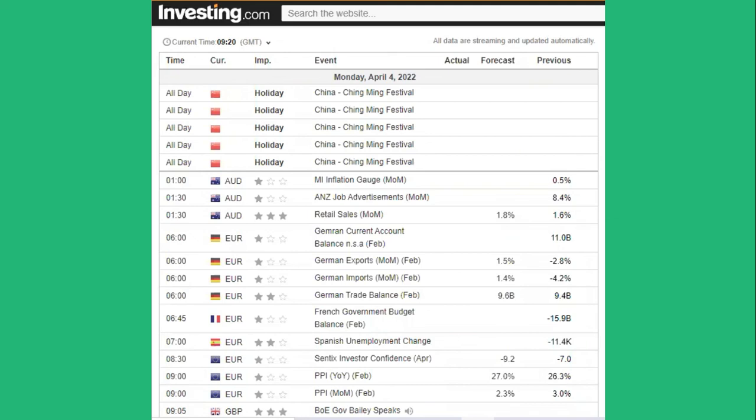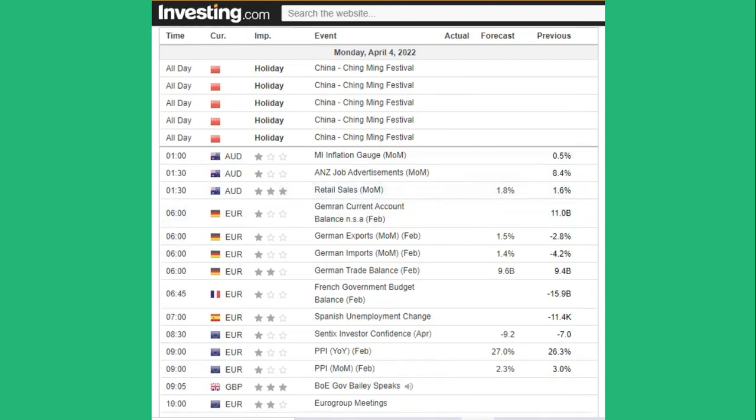Right, news for Monday, the 4th of April. As you can see, China is on holiday for the Qingming Festival, lucky them. At 1:30 in the morning GMT, I won't be up, but we have retail sales coming out of Australia. This is the first 3-star rating we're interested in.